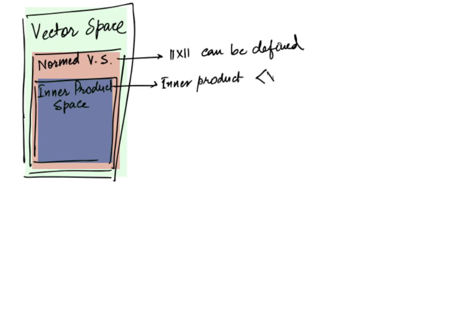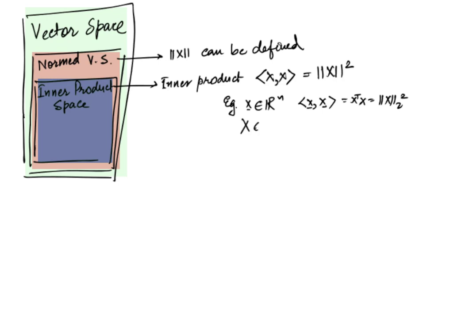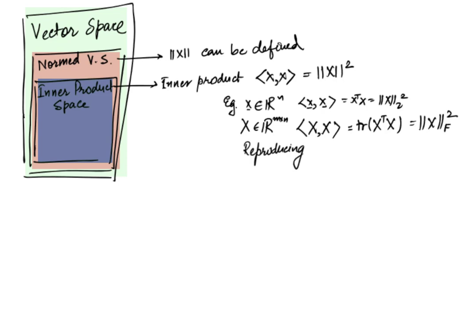That is, the norm of x is the square root of the inner product of x with itself. For instance, in Rn, the inner product of x with itself defines the Euclidean norm. Likewise, in R^(m×n), the inner product of X with itself yields the Frobenius norm. Another example of an inner product space is the reproducing kernel Hilbert space, which is widely used in machine learning.